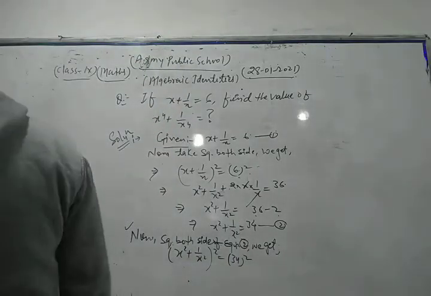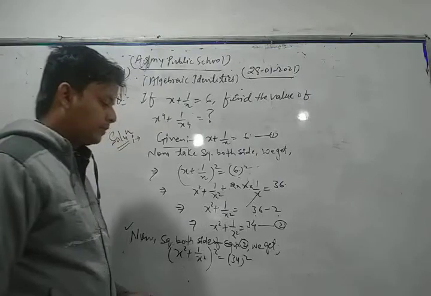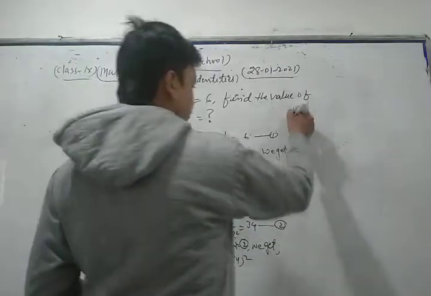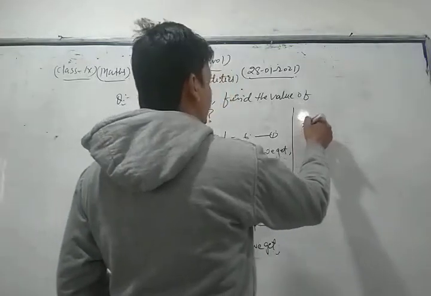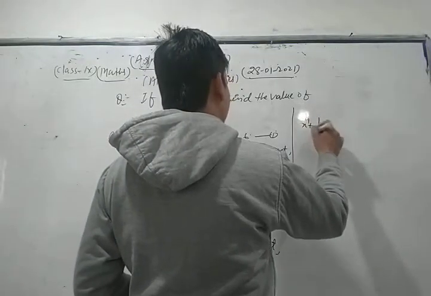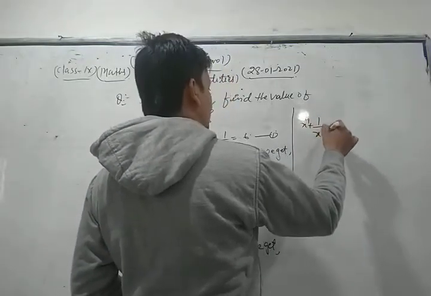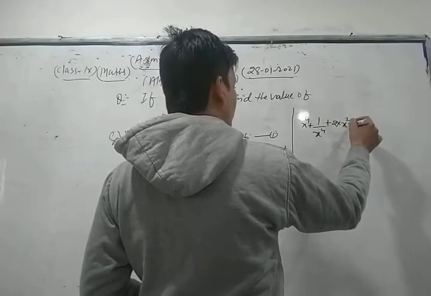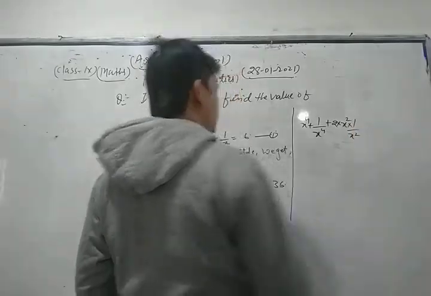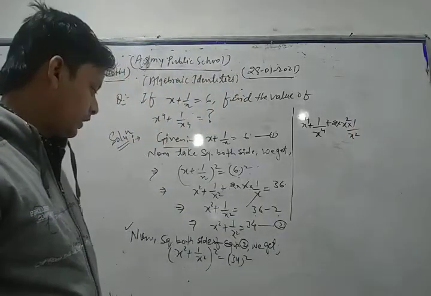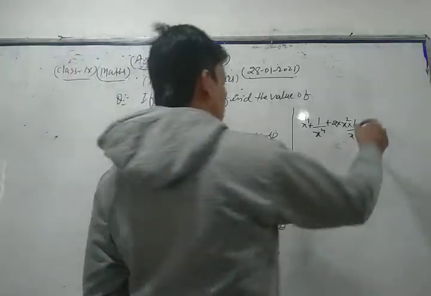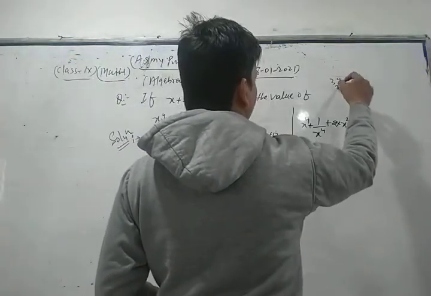Now again we apply the formula for a plus b whole square, so we can write a square, this is x to the power 4, plus b square plus 2ab, is equal to the square of 34, which is 34 into 34.